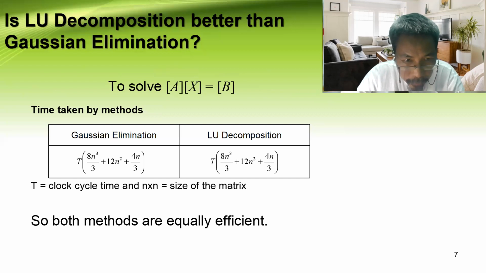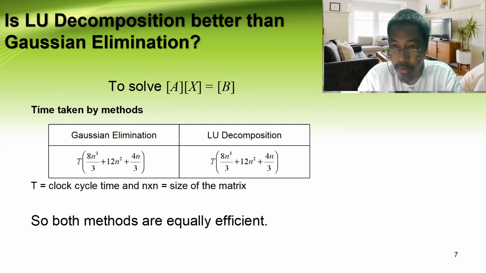So as you can see, they are just equal. They're just equal in terms of time clock, in terms of how long the machine requires in computing the same thing using different methods. So both methods are equally efficient using the machine.